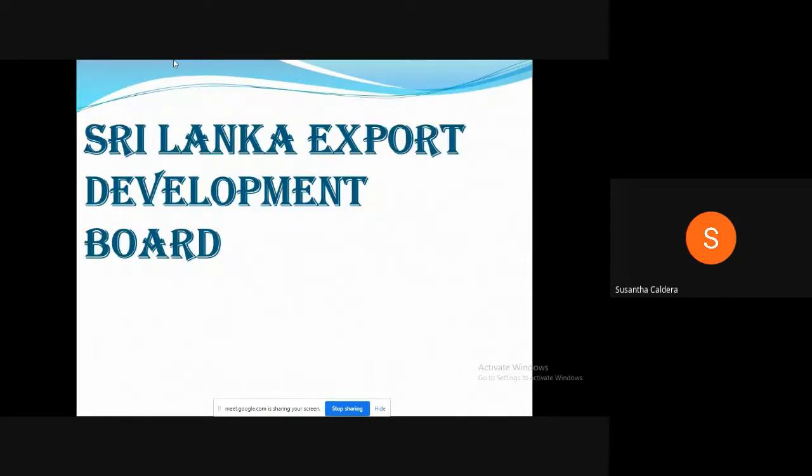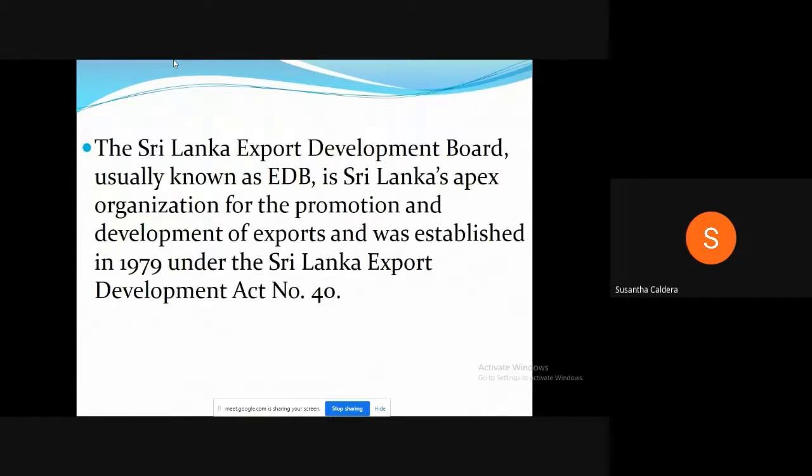The other one is the Sri Lanka Export Development Board, EDB. Somebody asked that question. What is EDB? Sri Lanka Export Development Board, also established in 1979, again by Dr. Lal Mudali, one of the brains, the brainchild behind this.